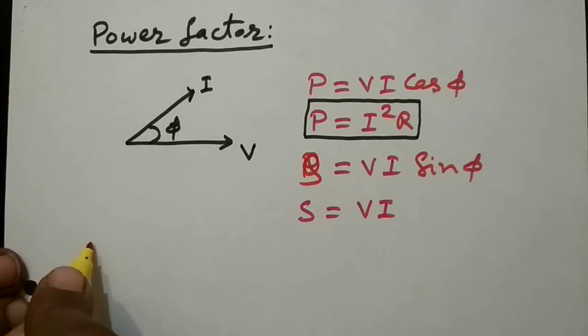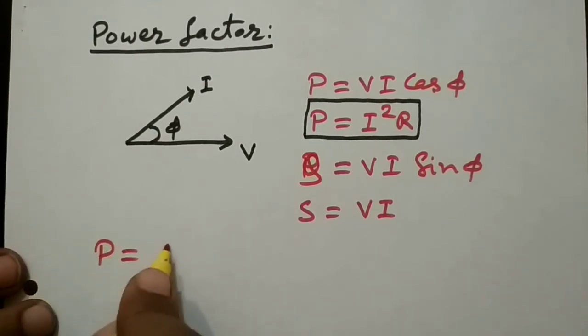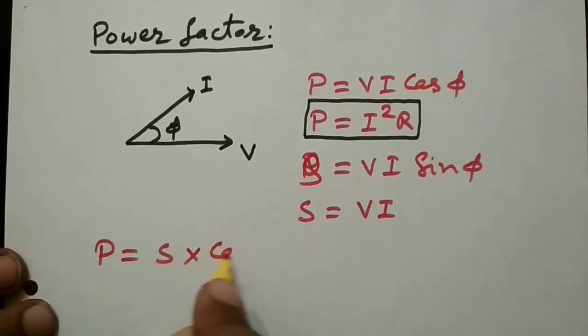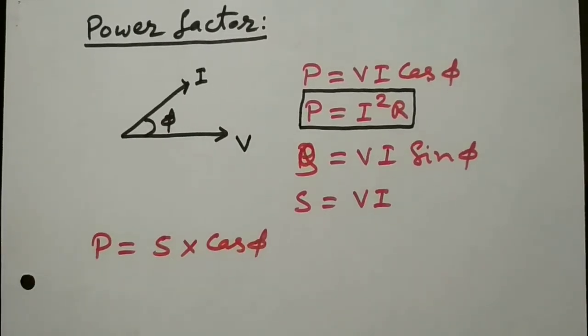That means the active power can be written as S into cos phi. So this cos phi basically indicates how much power can be utilized in an electrical circuit.